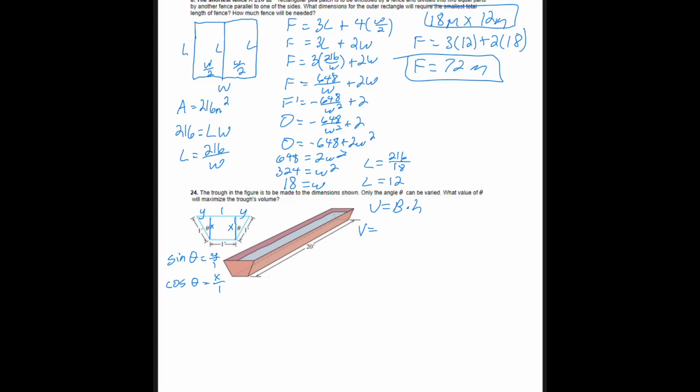Oh, actually, I don't think I want to take that step. So leave those alone as they are. And then I know that the area of this triangle is going to be 1/2 base times height. And X and Y are the base and height. So the area of this little triangular piece would be 1/2 X times Y, which means it's going to be area equals 1/2 cosine theta sine theta.